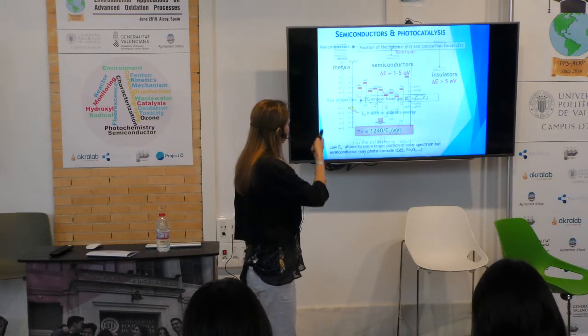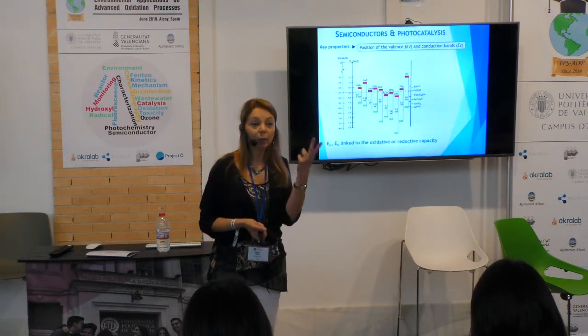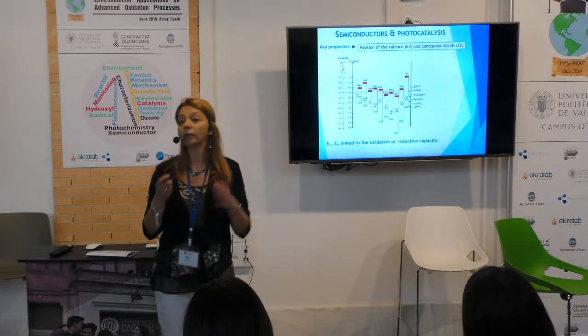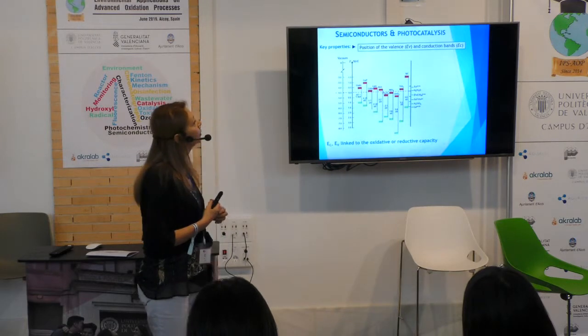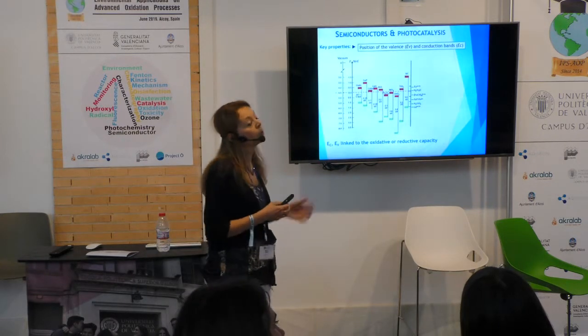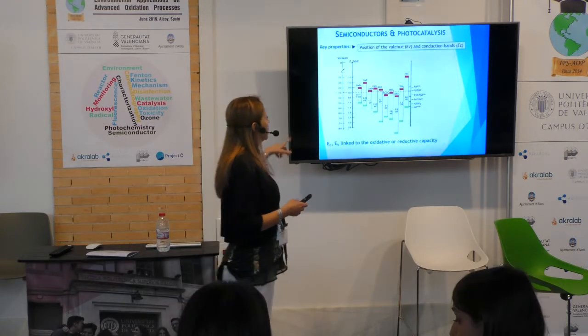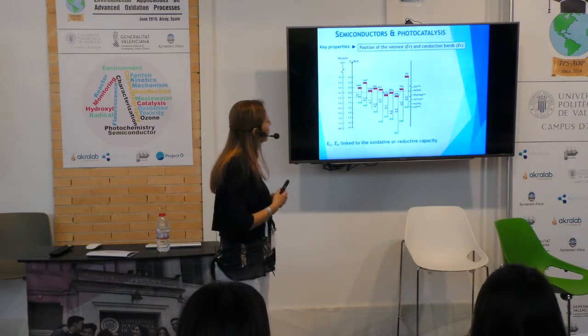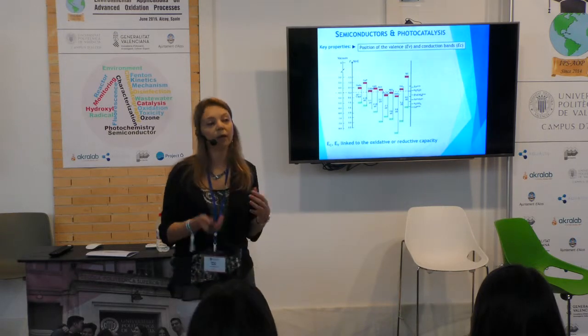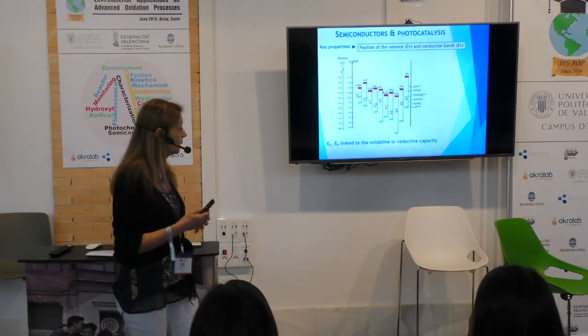The second key property that we have to keep in mind when studying semiconductor photocatalysis is the position of the valence and the conduction bands, since those positions are linked to the oxidative and reductive capacity of the system.